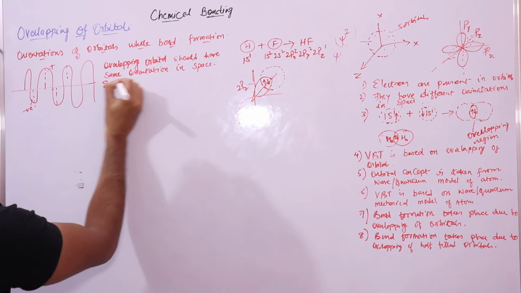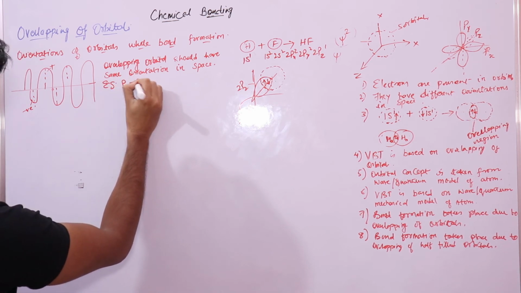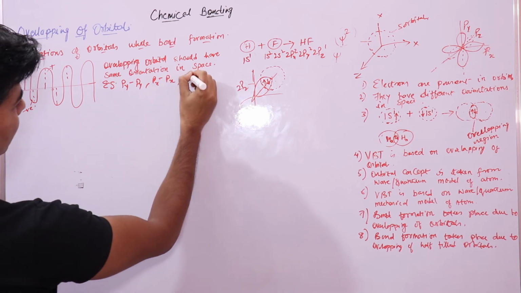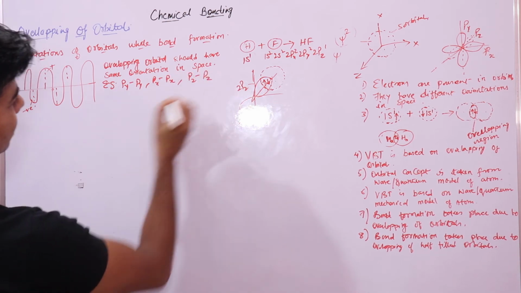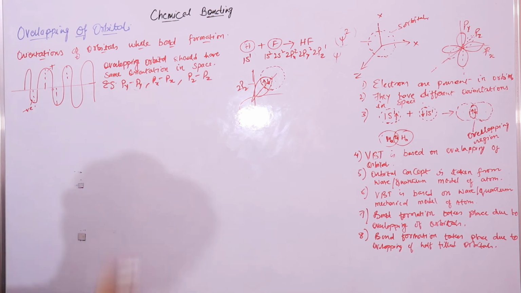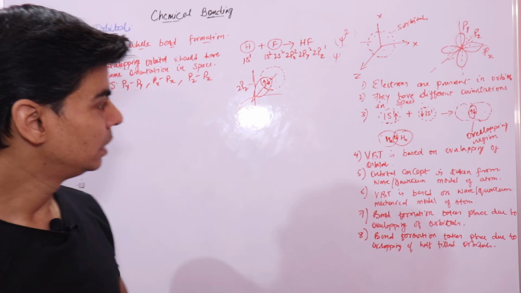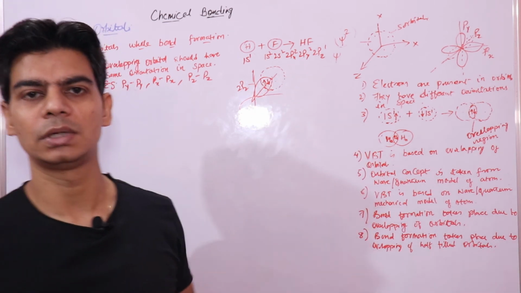Example, py orbital will overlap with py, px orbital will overlap with px, and pz will overlap with pz, and any of these can overlap with an s orbital, because the s orbital's orientation is the same in all directions.